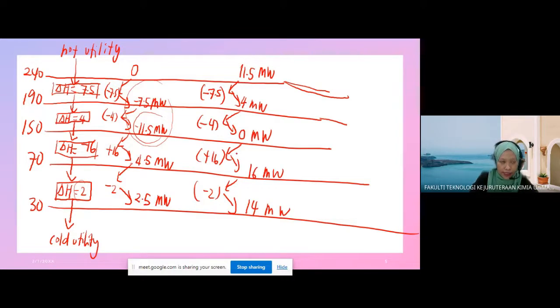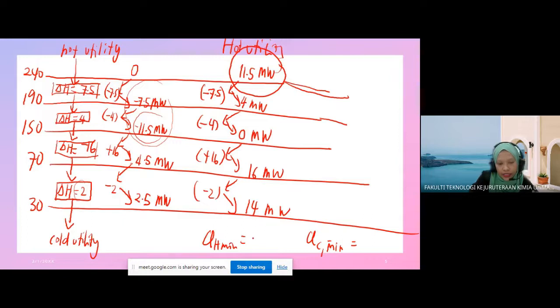So now, can you tell me what is your QH min and QC min? QH min is, from the top here, the hot utility.